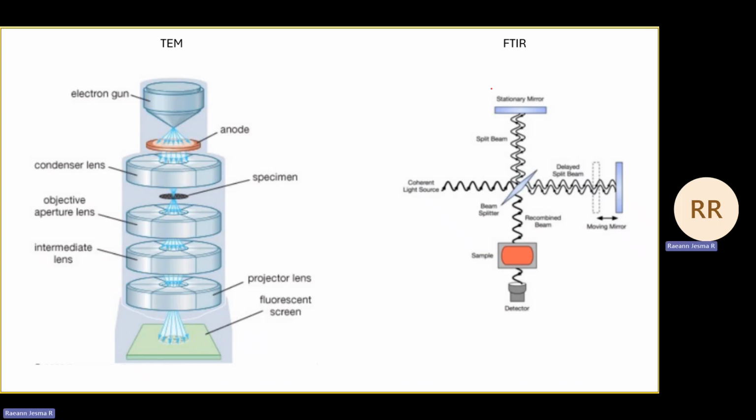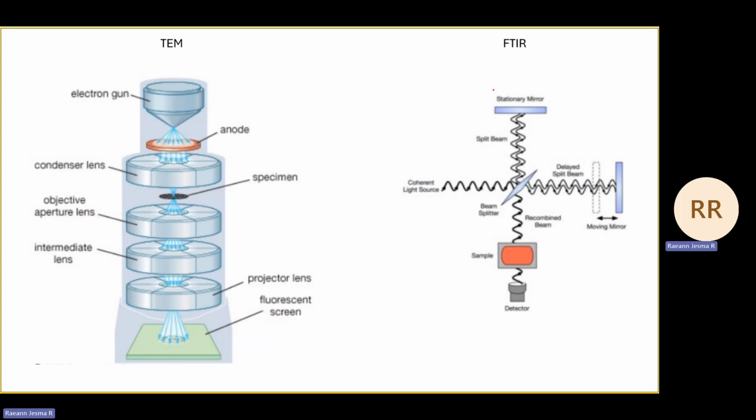When any molecule is exposed to infrared radiation, depending on what type of molecule it is, it will absorb radiation of a particular wavelength, and that will cause the vibration of the molecules. During the process of vibration they will go from the excited state to the ground state, or from the ground state to the excited state.